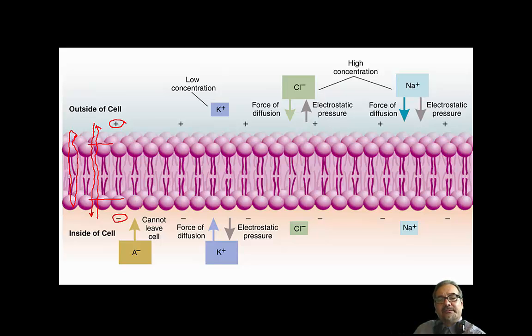Well, first of all, the cell itself has organic compounds inside of it. These organic compounds are large, and they tend to ionize with a negative charge. Negative charges are called anions. So the two terms you might want to remember are cations and anions.